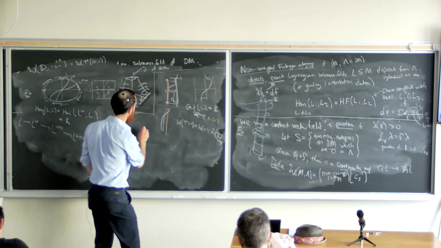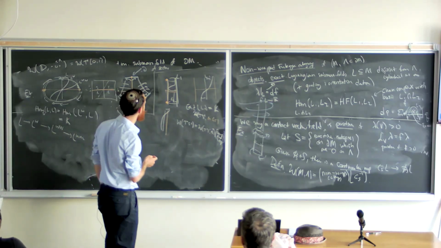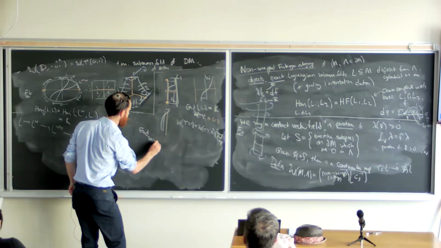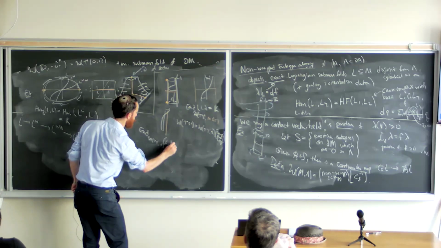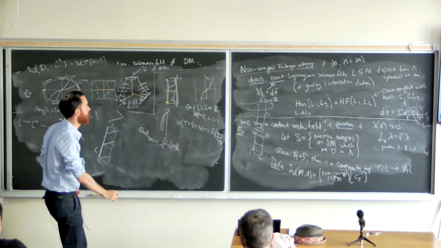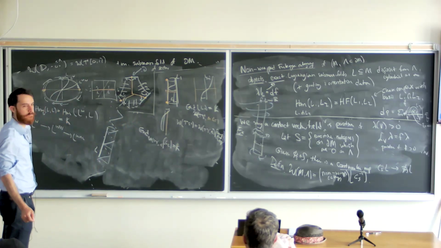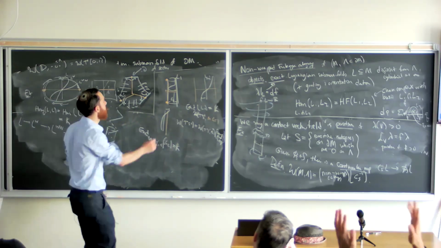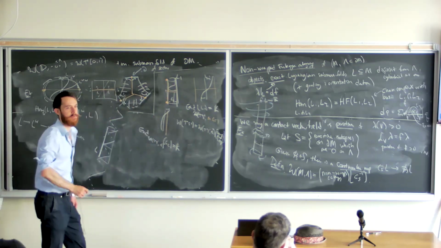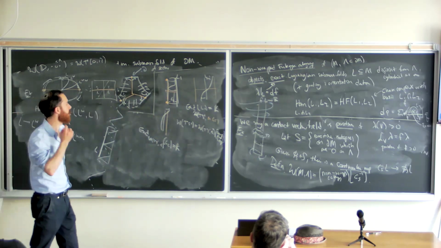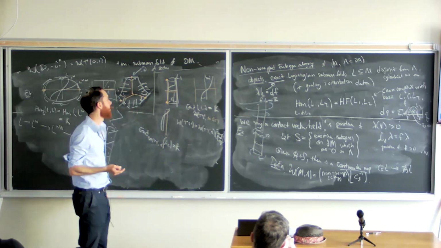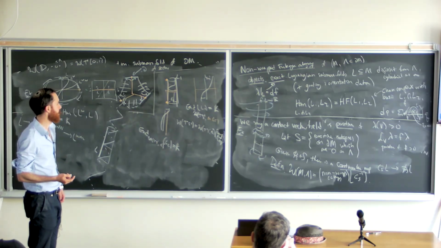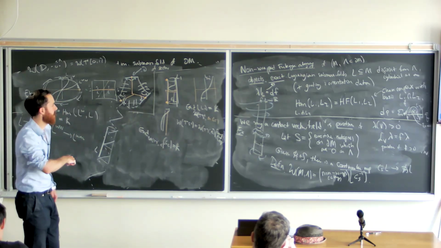By the same reasoning as for L1, I'm going to find that the endomorphisms in this partially wrapped category, T star S1 lambda, of L2, is also equal to K. Is L2 an object in that category? Why not? It doesn't intersect the stop; the stop is just at infinity. Everything has to intersect the skeleton somehow. There's a theorem that the generators of this category are precisely the things intersecting the skeleton in various ways.